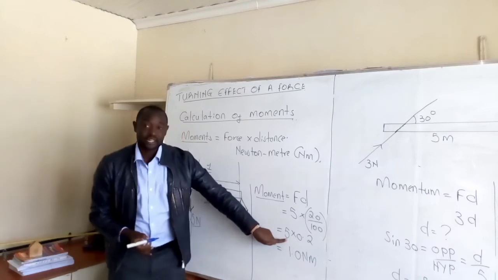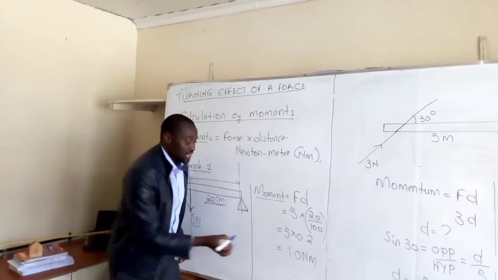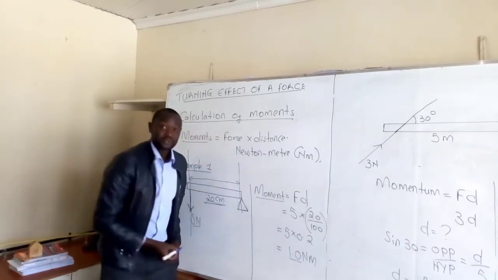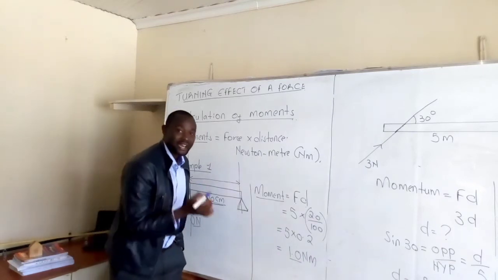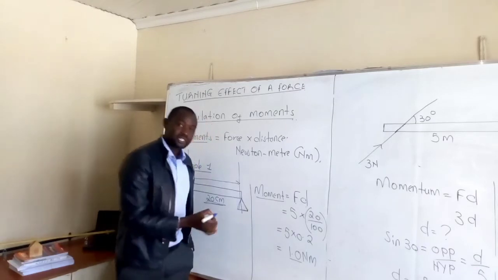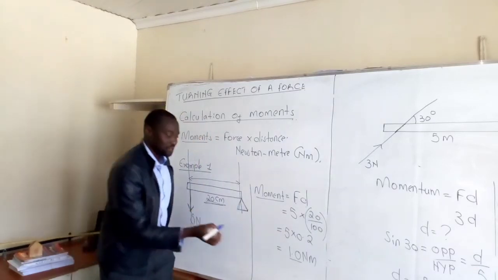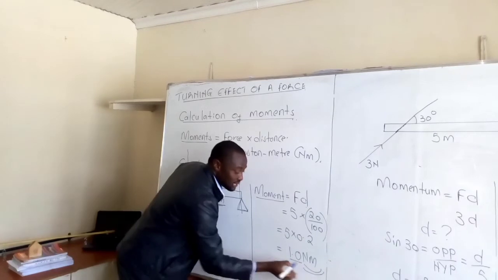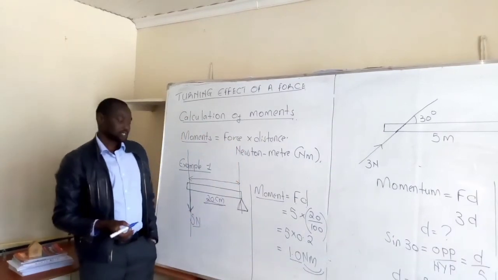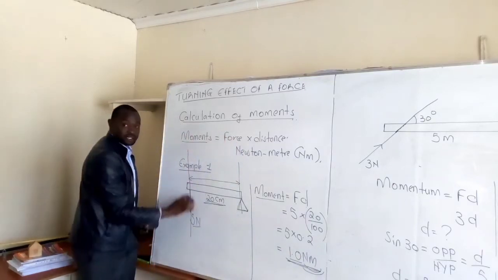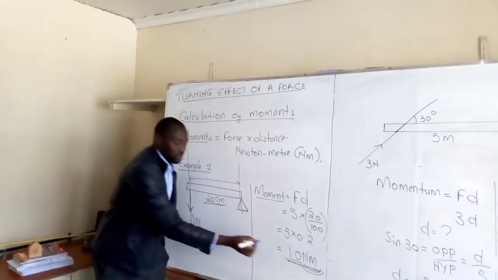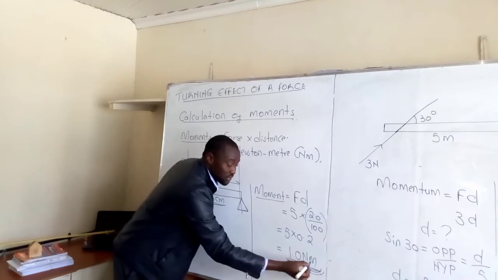Multiply that with our 5 newtons and we get 1.0. Very important: for every physics answer which has a quantity that carries SI units, we must always include the SI units with that value. Therefore, the moment caused by these 5 newtons will be 1.0 newton meter.